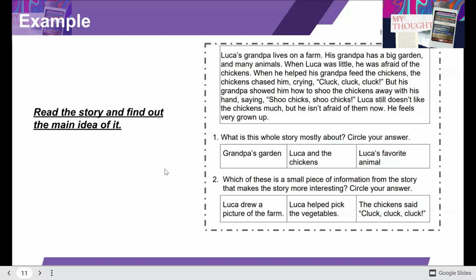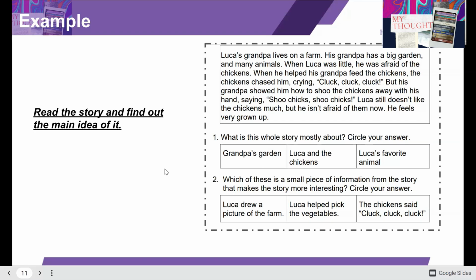So I also go with Luca and the chickens for the first one. And for the second point, for me the answer is the chicken said, cluck, cluck, cluck.